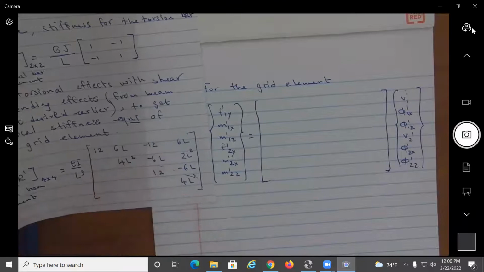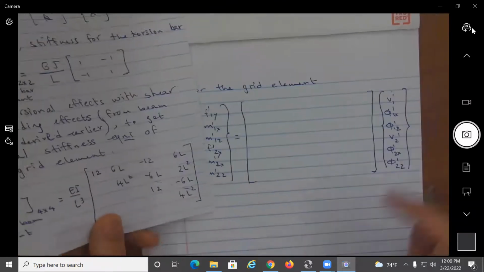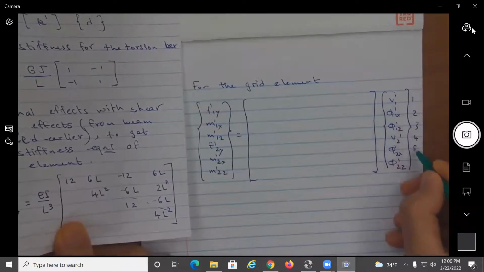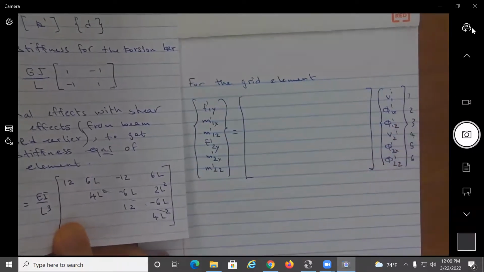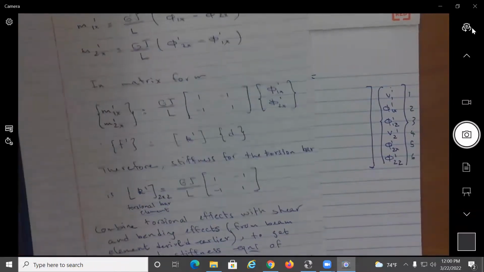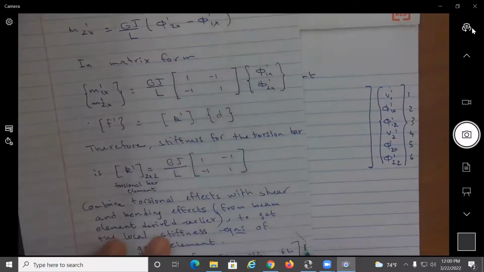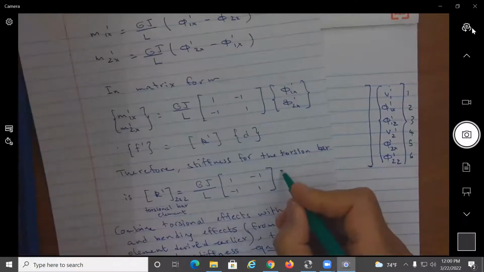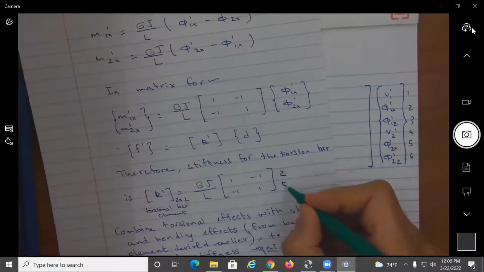I want you to pay attention that if I go with the order here, 1, 2, 3, 4, 5, 6 for the degrees of freedom, and I label my stiffness matrices here, this will be 1, this will be 3, then I will have 4 and 6, and here will be 2 and 5.